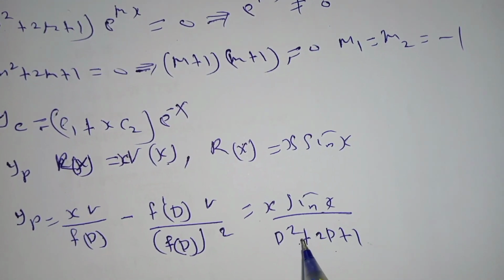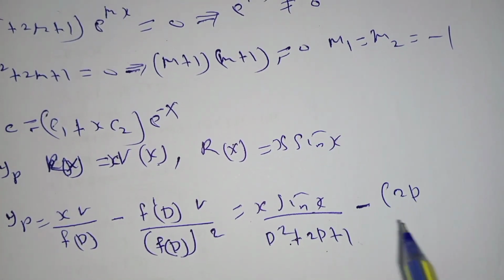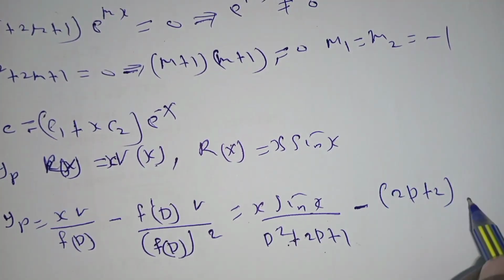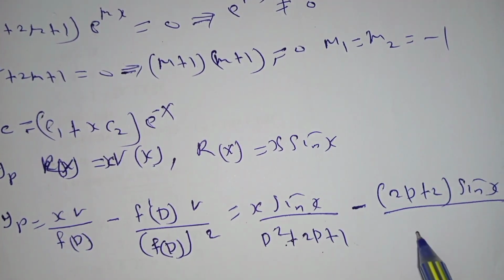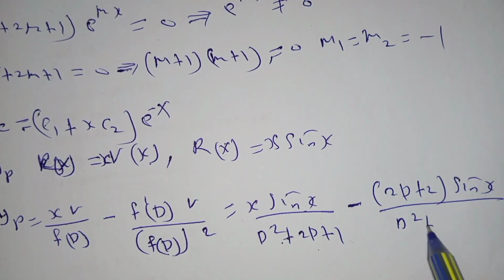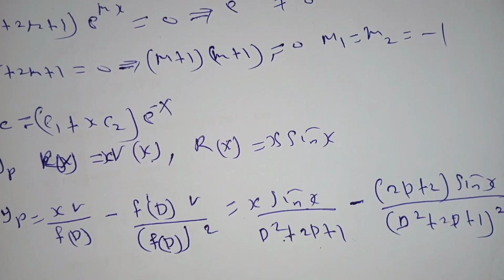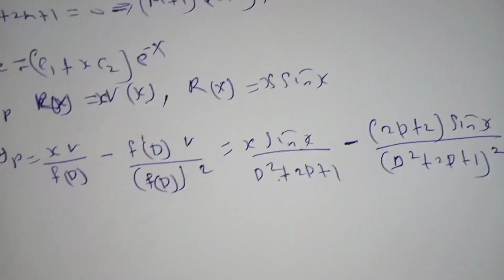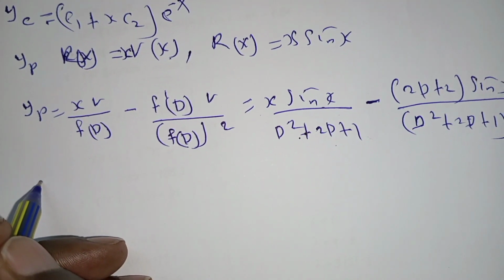When we differentiate this once, it is going to give you (2D + 2) sine of x divided by (D squared + 2D + 1). Then we square this part. Then from there we continue simplifying it.